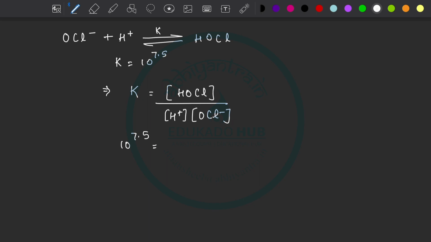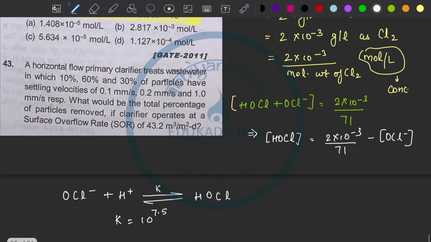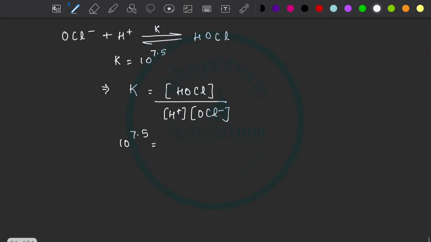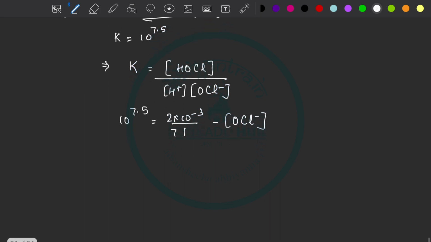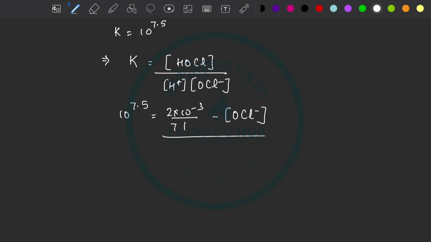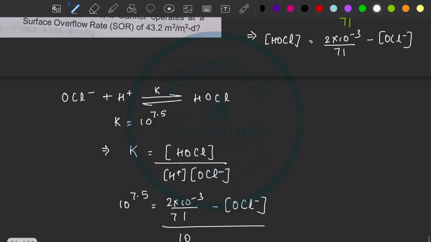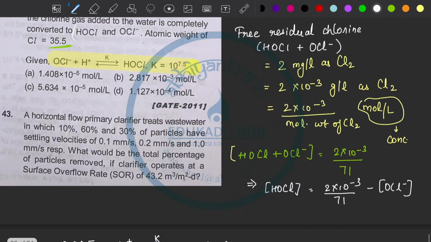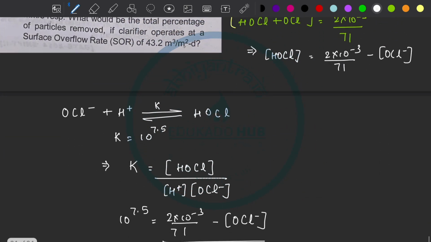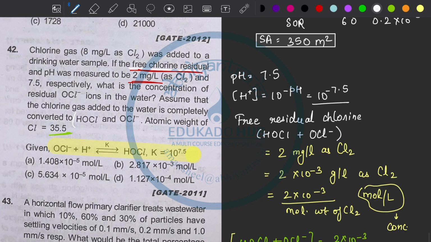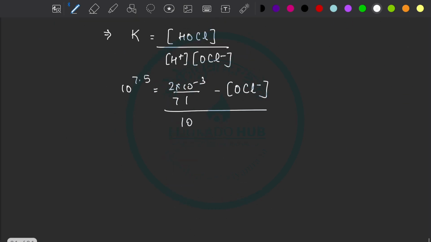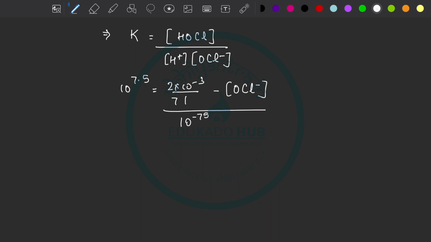HOCl I have just now calculated, that is 2 into 10 to the power minus 3 divided by 71 minus OCl ion concentration, and H plus ion concentration, just now we have seen, is nothing but 10 to the power minus 7.5, into OCl minus.